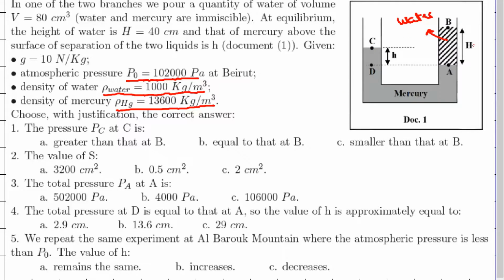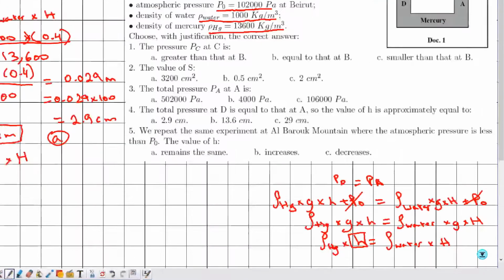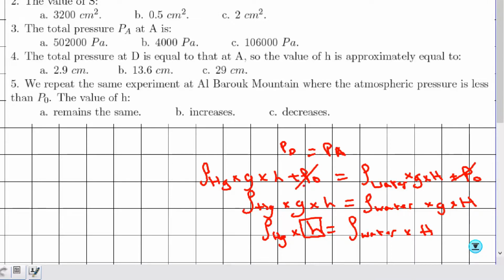So now, in the new atmospheric pressure, let's suppose that it's denoted by P prime 0. So this atmospheric pressure corresponds to the new place, which is the mountain. Now C in this case will be submitted to the new atmospheric pressure, which is P prime 0, as well as the point B. But notice that in this relation, P0 on the left hand side cancels out with the P0 on the right hand side.